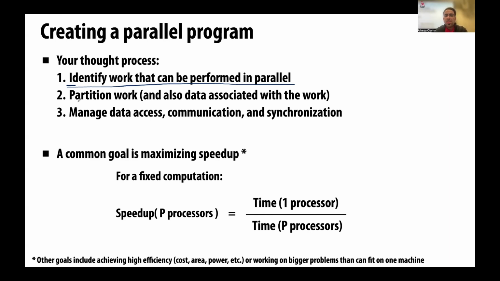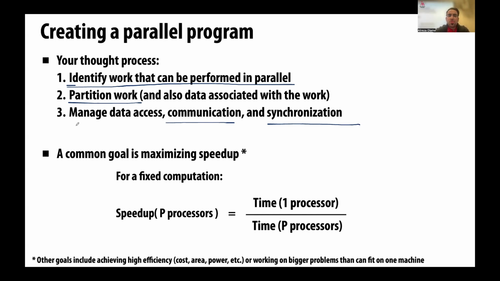And then after you identify what portion of your program you can execute in parallel, you have to partition the work, right? And then you have to manage the communication between different portions, because some portions of your program probably want to communicate with other portions, and also you need some sort of synchronization and so on.